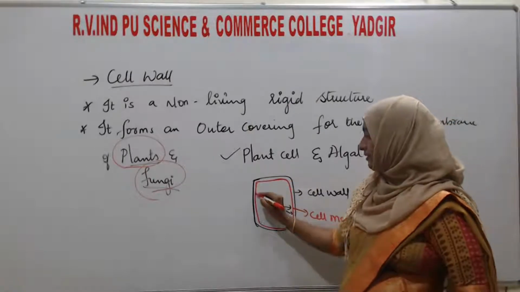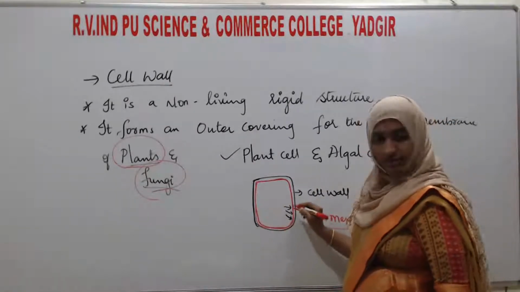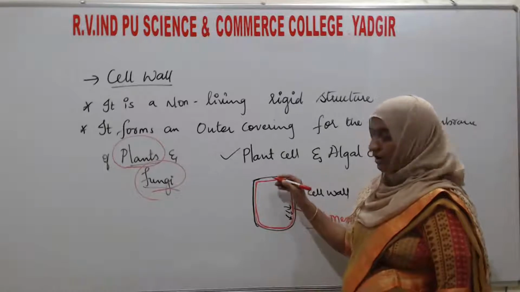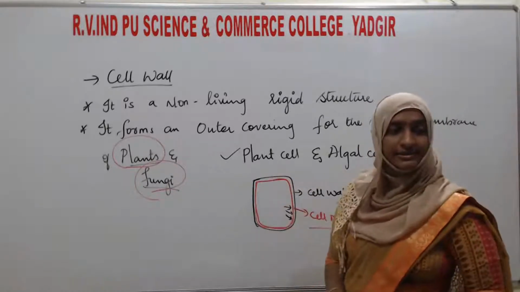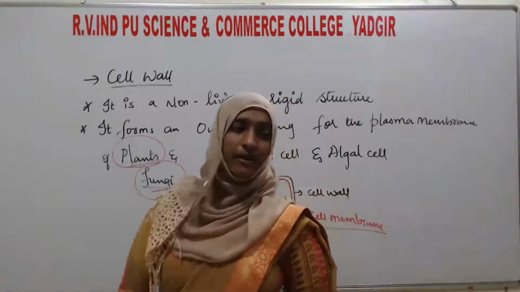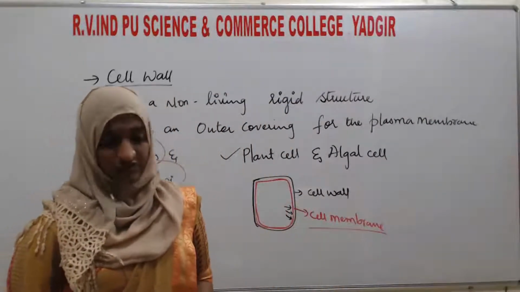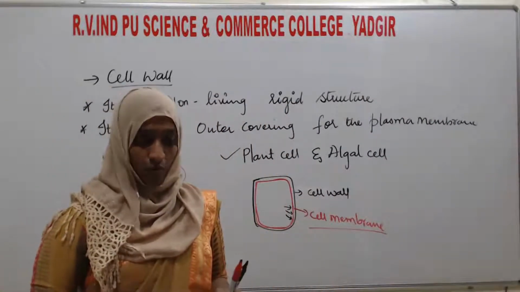This is the plasma membrane or the cell membrane, and the cell wall forms a covering over it. So this is about the cell wall.